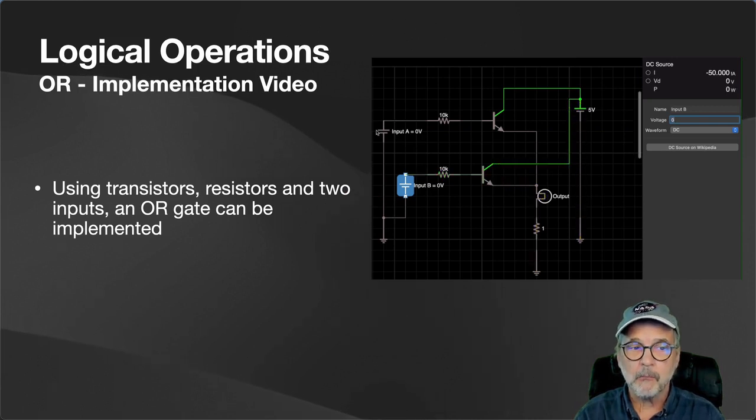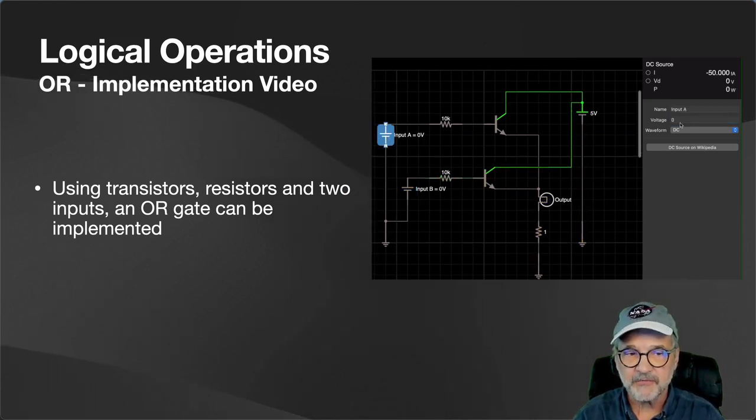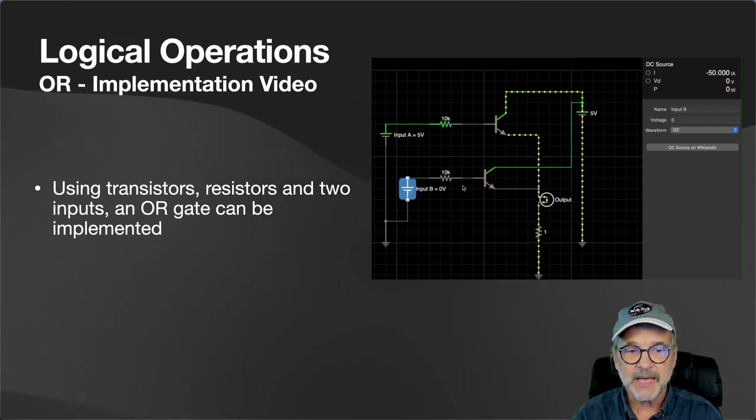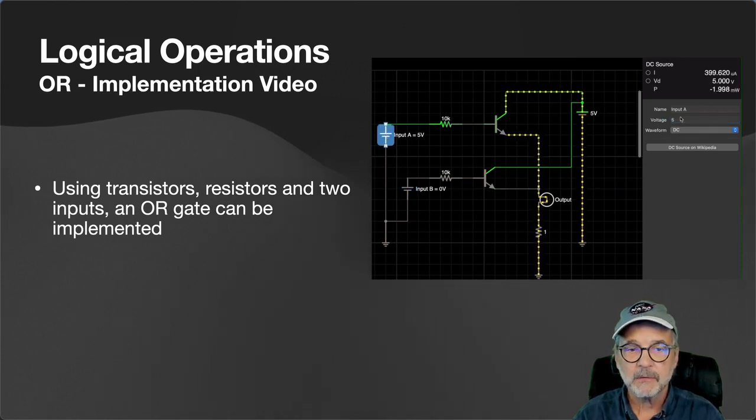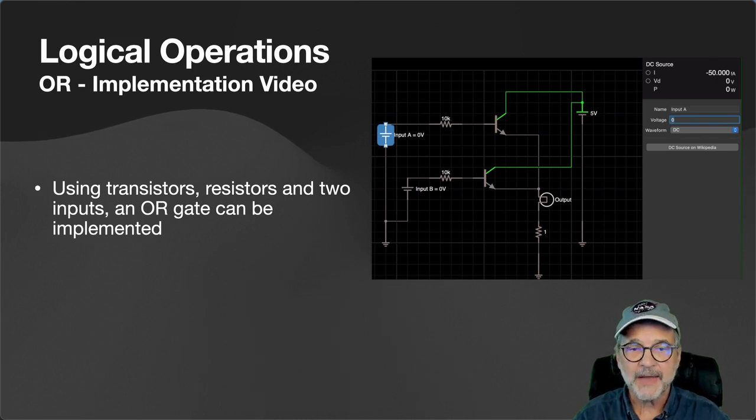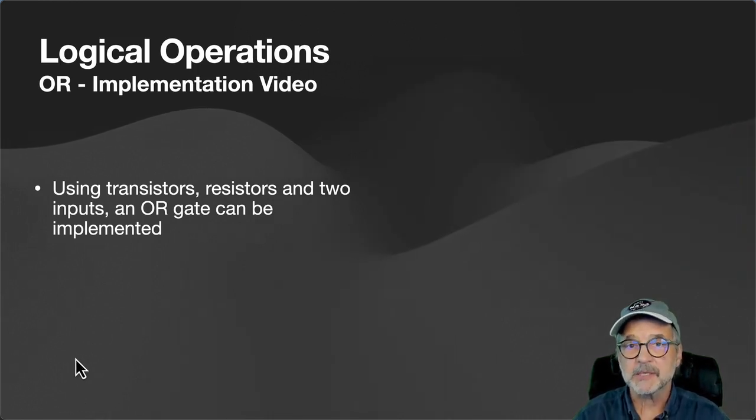Now we're going to set them both on by sending 5 volts. And you can see how the output is on, the lamp is turned on. We're going to go ahead and turn them both off. And now you can see how it is off. So that is the circuitry that implements an OR gate.